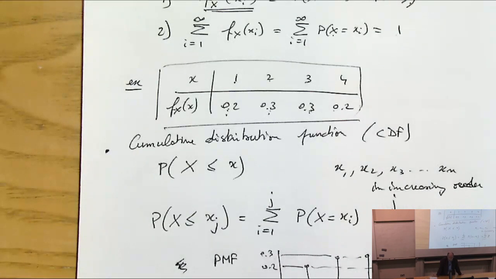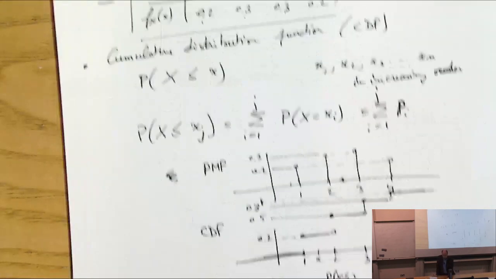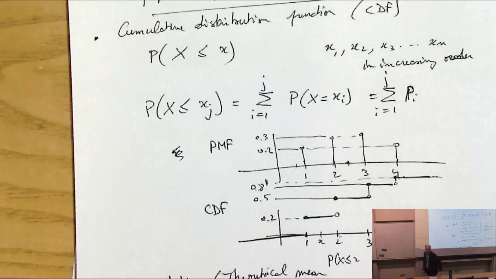Yes? Can the probability mass function change after an event? Something happens and then the function changes. Yes, it could happen. You will see this maybe when you look at stochastic processes.